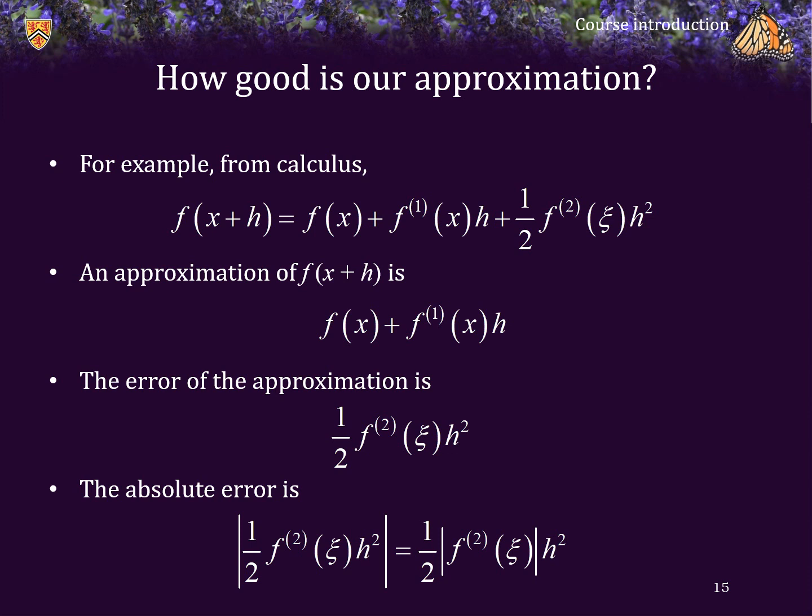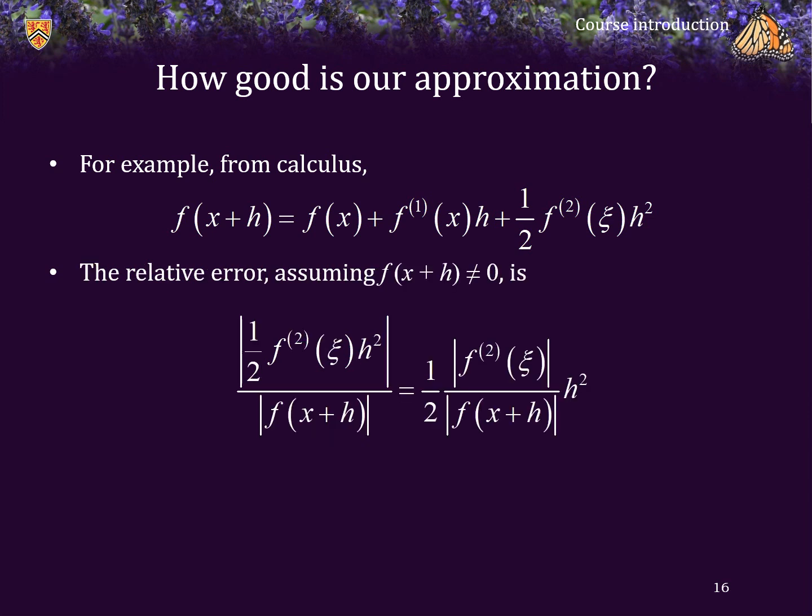The absolute error is simply the absolute value of the error term, which can be simplified to a half times the absolute value of the second derivative at some value xi, where xi is some value of x between x and x plus h, all times h squared. Now the relative error, assuming that f at x plus h is not equal to 0, is simply found by dividing the absolute error by the value of the exact answer.